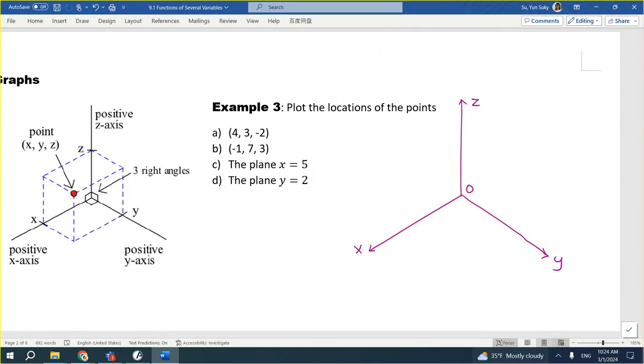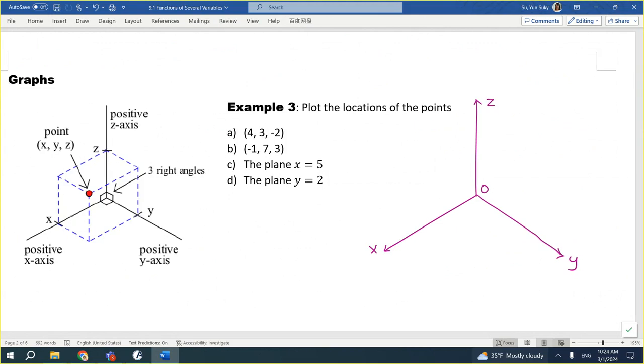Okay. So now we have the X is what? 4. So we go 1, 2, 3, 4. Yeah. We go to the X direction. What's the Y? 3. So we go to the Y direction. 1, 2, 3. Yes, everybody?